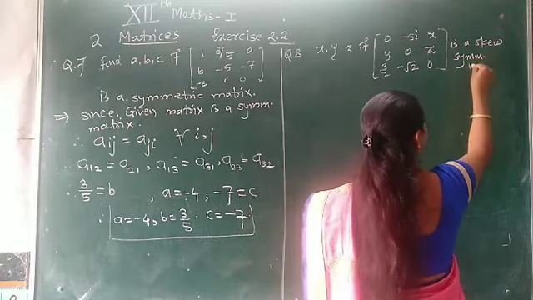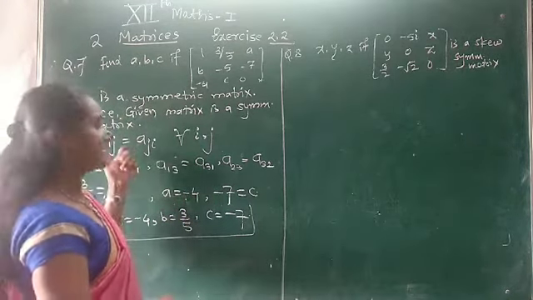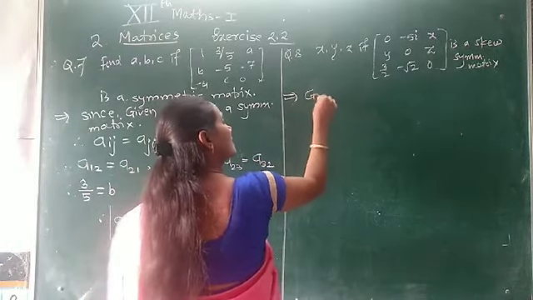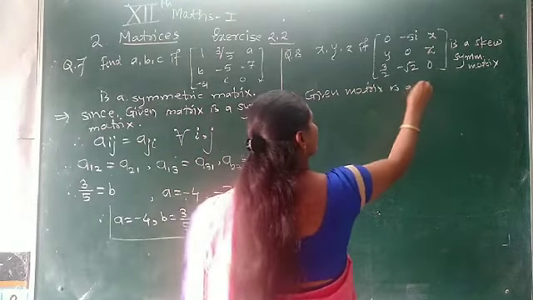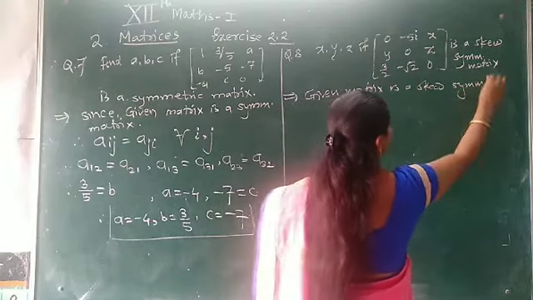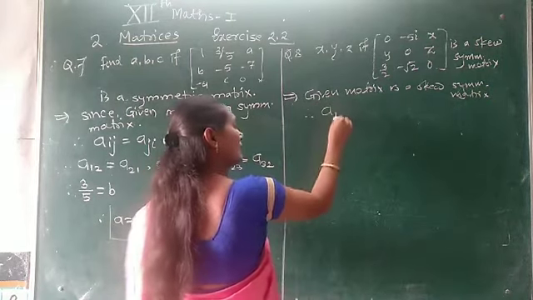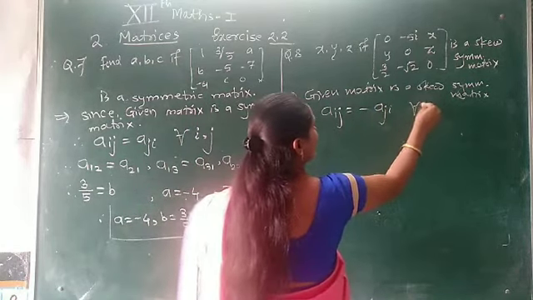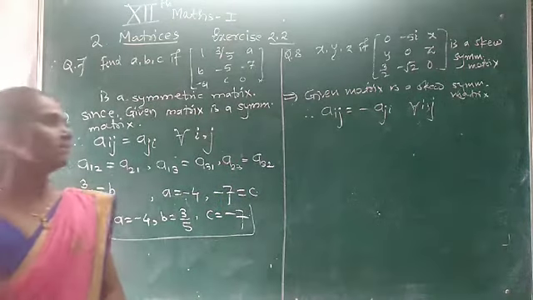In the last lecture we studied what is meant by a skew symmetric matrix. Symmetric means aij is equal to aji, and skew symmetric means aij is equal to minus aji. The given matrix is a skew symmetric matrix.